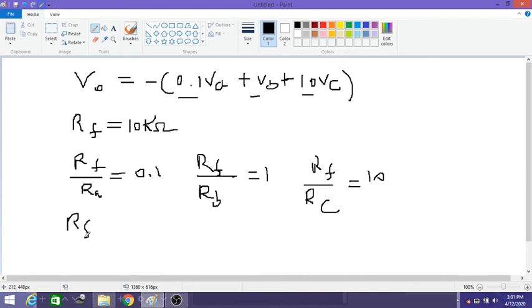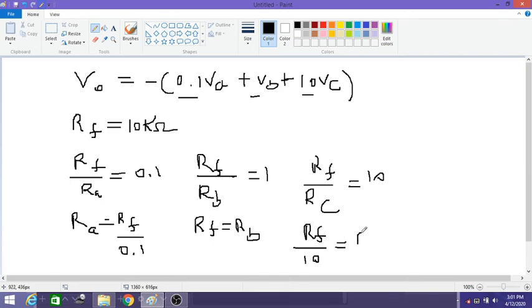So then we know that the RF value is equal to 10 kilo ohms. Now we can write this as RA is equal to RF by 0.1, and here we know that RF is equal to RB because it is 1, and here it is RF by 10 is equal to RC.